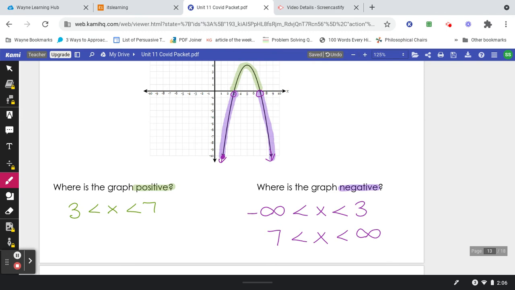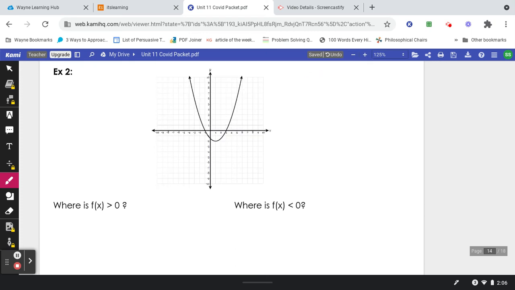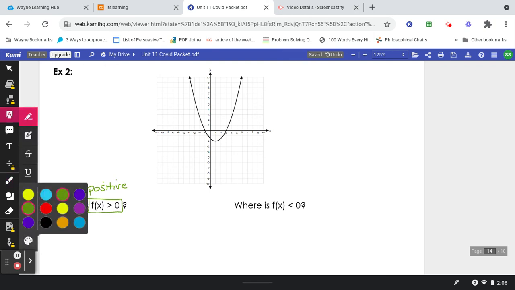All right. Next problem, example number 2. Where is f of x greater than 0? So remember, this is another way of saying positive. So it's positive in 2 sections. We've got this part right here, positive above the line, as well as that part right there.